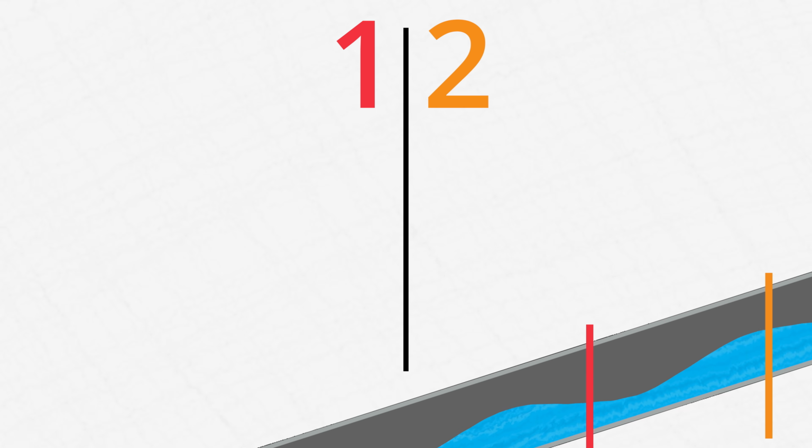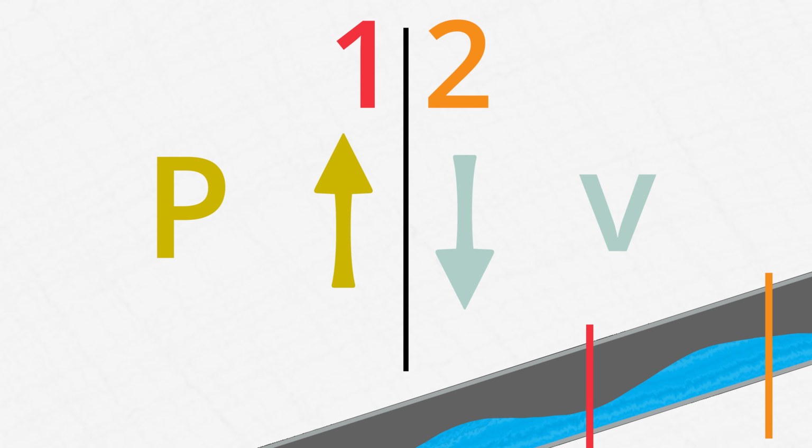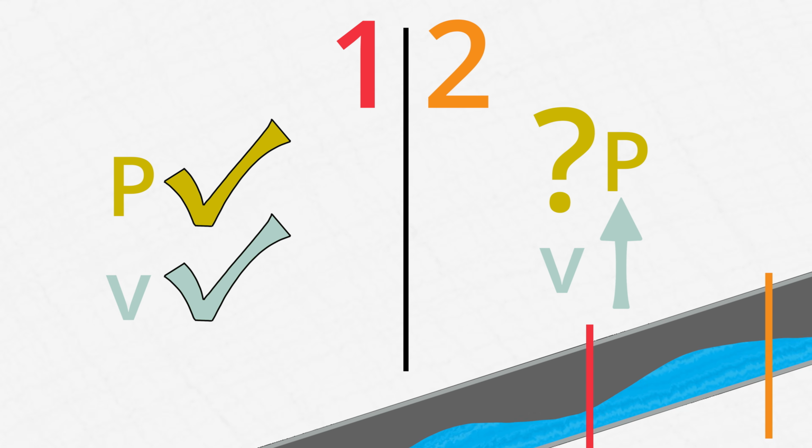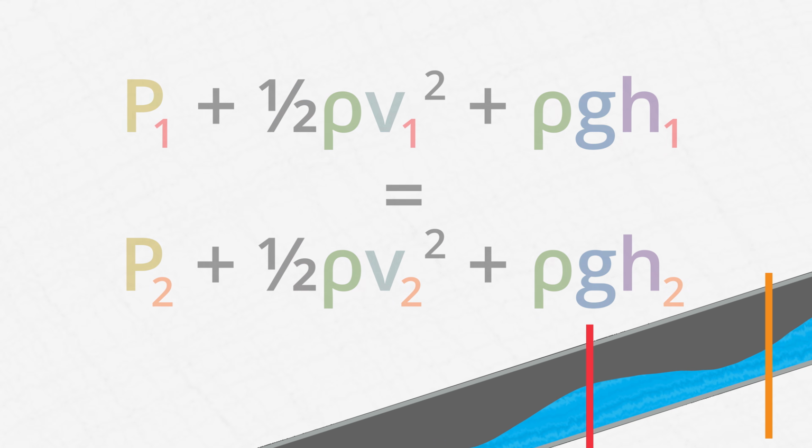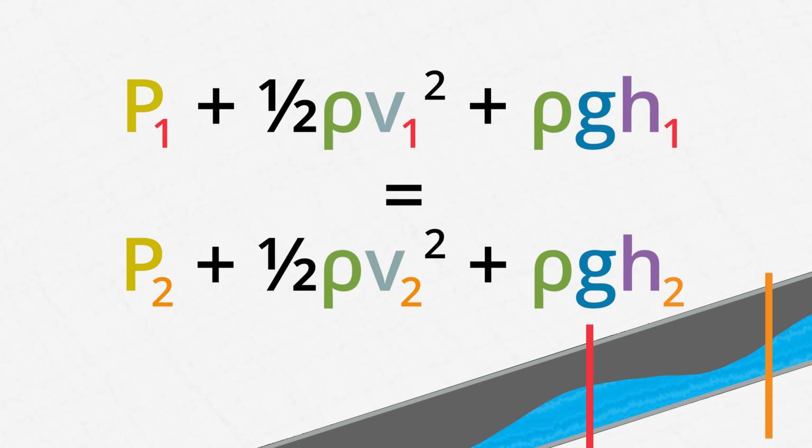Since Bernoulli's principle says that pressure and velocity are inversely related, what does that mean for the pressure at point 2 compared to point 1? It means that the pressure at point 2 is lower than the pressure at point 1, and we can use Bernoulli's equation to figure out exactly what that pressure is.